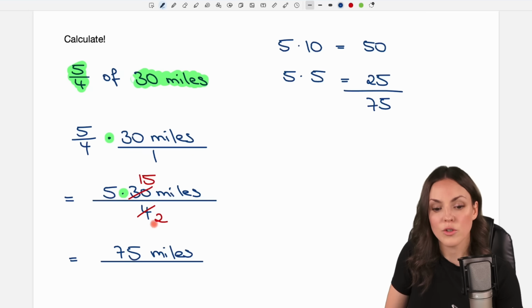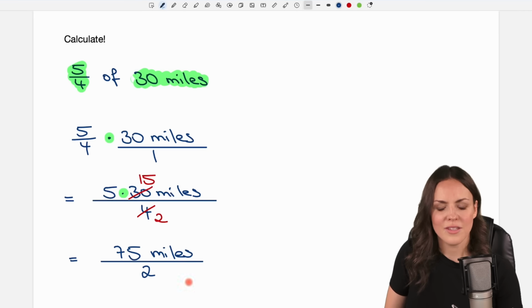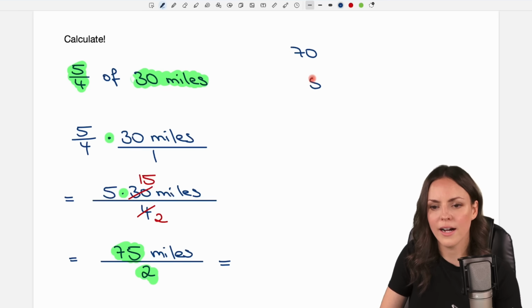So this is what we get in the numerator, our 75 miles. And we still have the 2 in the denominator. And we cannot leave this result like this, 75 miles over 2. We have to calculate 75/2. So either immediately in your head, or we can split the 75 again into 70 and then 5 and divide both of them by 2.